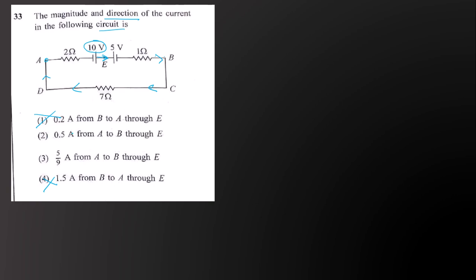Now this A mentioned here is ampere. Anyway, let's calculate the current. We can apply Ohm's law, Kirchhoff's law, whichever way you like. The net EMF is equal to the current multiplied by the equivalent resistance.